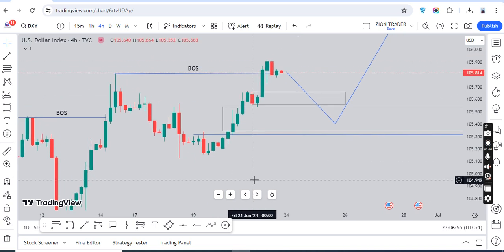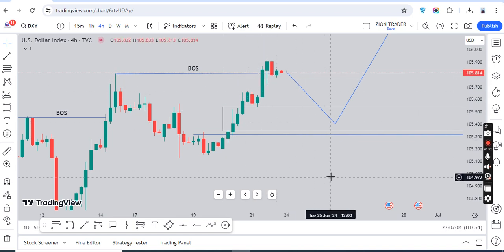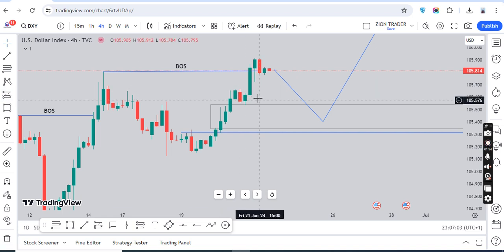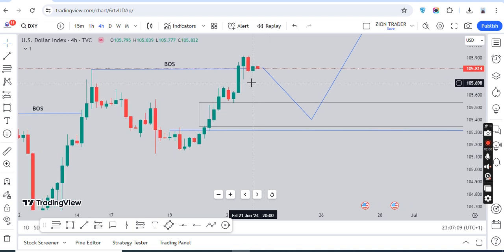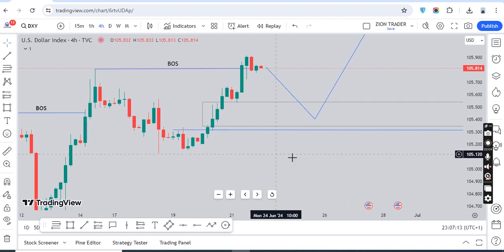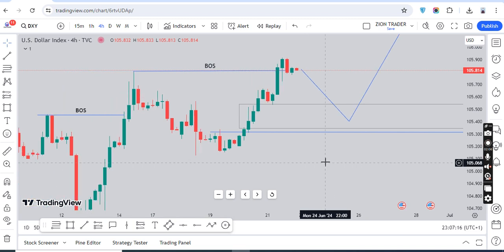Something similar could also happen here, whereby price can possibly sweep it, because the reason why I outlined this as my draw on liquidity is that it is below, at the discount level, right? And it has a fair value gap plus an order block, which makes it very valid.